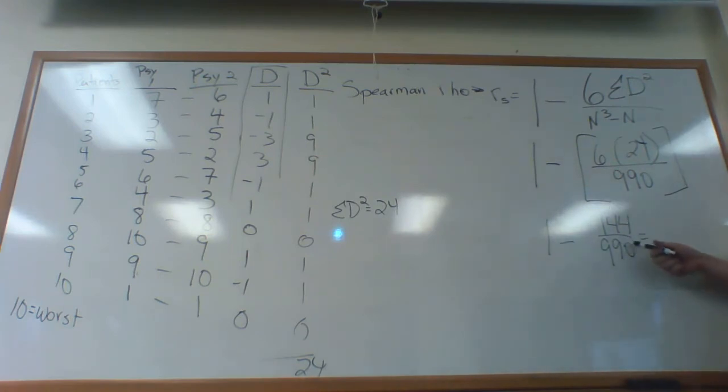This is going to be a fairly small number, so the correlation is going to be fairly big. What's 144 divided by 990? 0.15. So 1 minus 0.15, which equals 0.85.